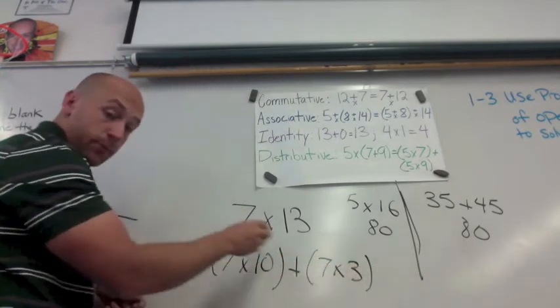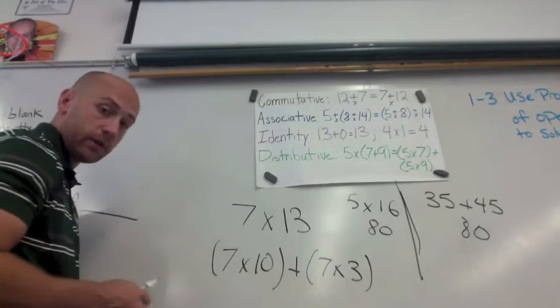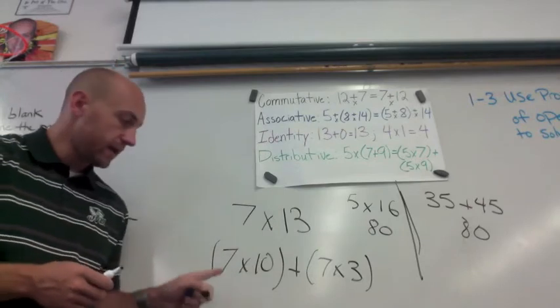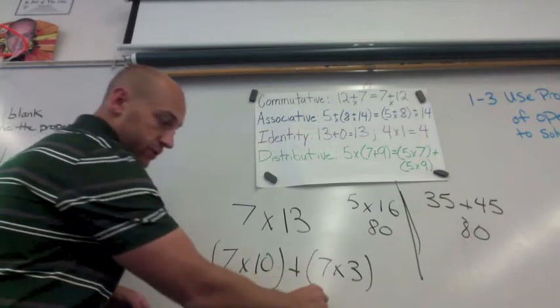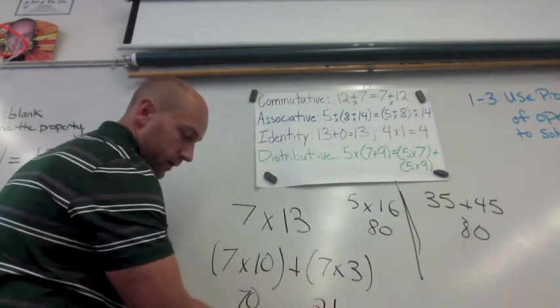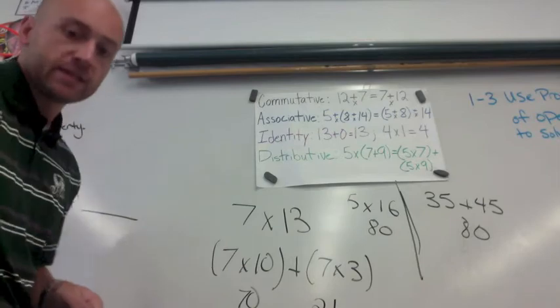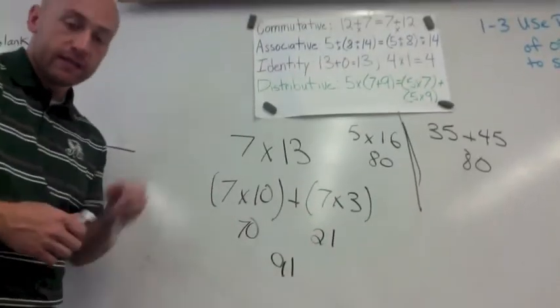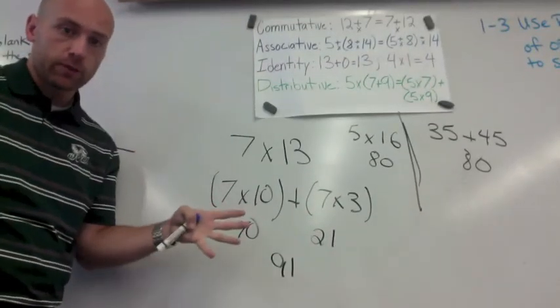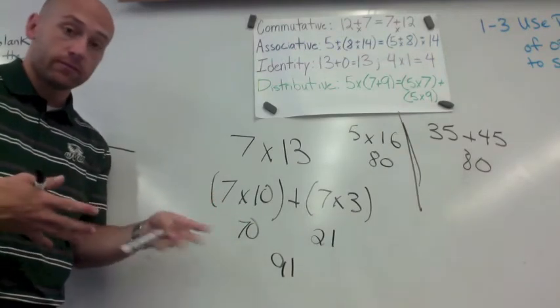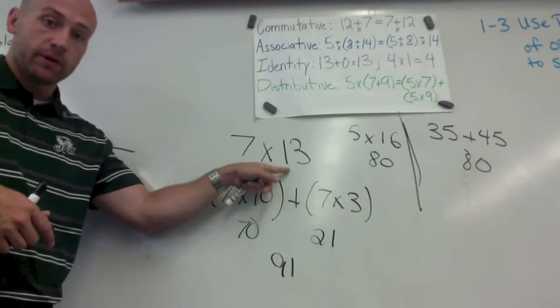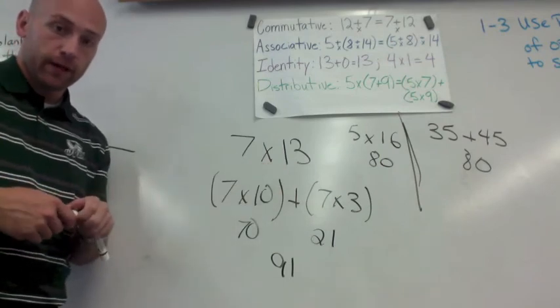It's the exact same problem. It just made it easy. In my head I'm like, oh, 7 times 10 is 70, that's easy. 7 times 3 is 21. Together, it's 91. It just makes the problem easier for you. So big multiplication problems are easier if you distribute, or chunk, the second number, the bigger number, and then multiply.